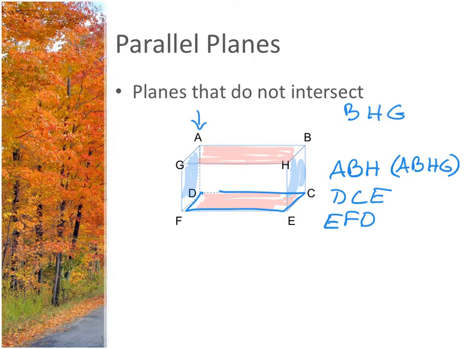These would be examples of parallel planes. Could have also talked about the blue ones on the side, or even if I wanted to color the back and the front, which is kind of hard to do because it'll overlap. Okay, so again, remember to use 3 or more letters when naming a plane.